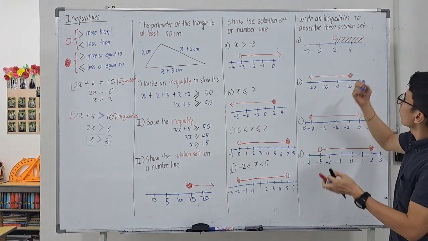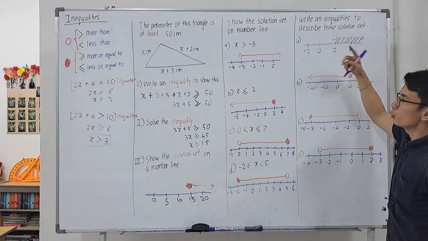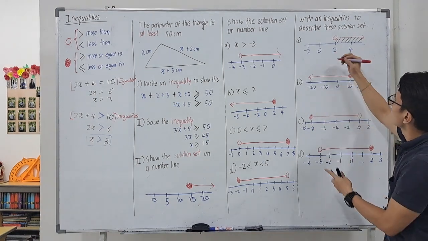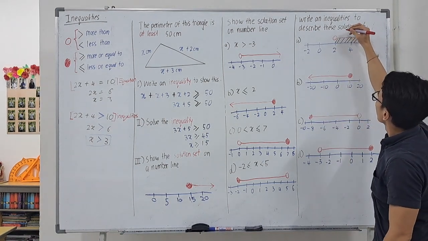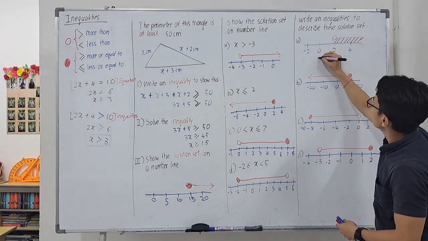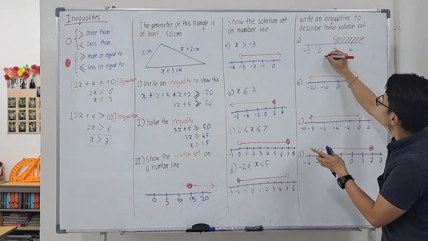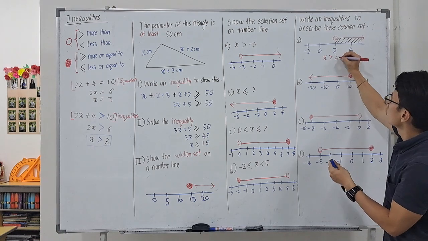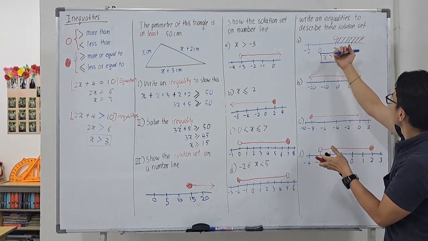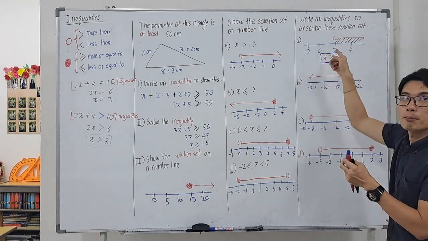Since this circle is above 2 and it's pointing to the right hand side, we know that the answer to this is, I will just write on the line, x is more than 2. Okay? Since it's pointing to the right, it's going to be more than. It's a clear circle, it's represented by more than.